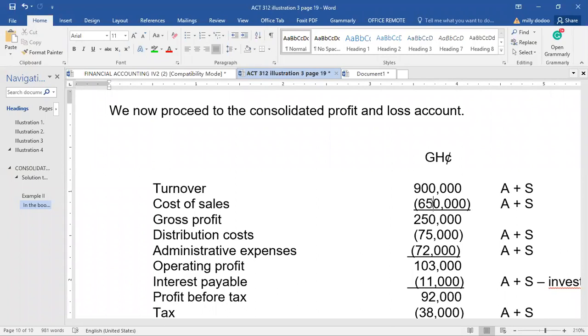Then I'll go ahead with my administrative expenses, the one I made you insert, the one I said is omitted in the question. Acquirer is 50,000, Swallowed is 20,000. So I'll add my administrative expenses of 22,000 and 50,000, and then I will get 72,000.